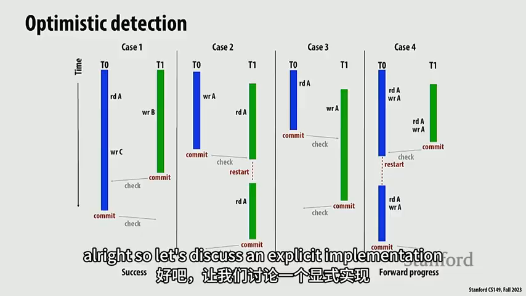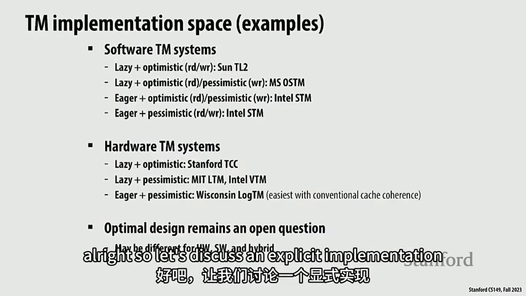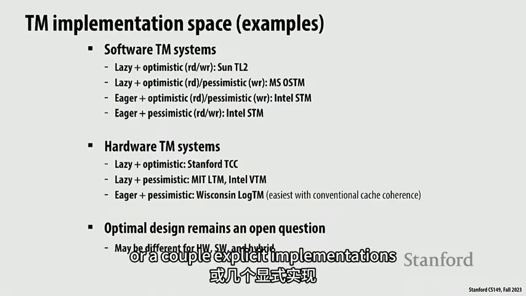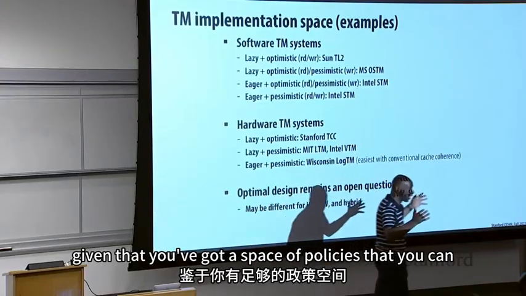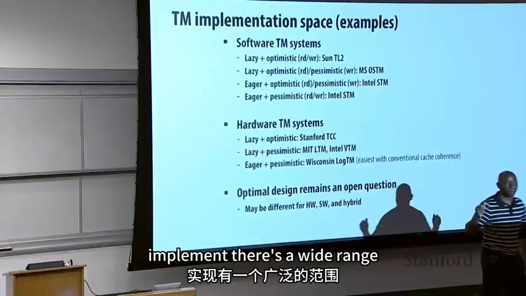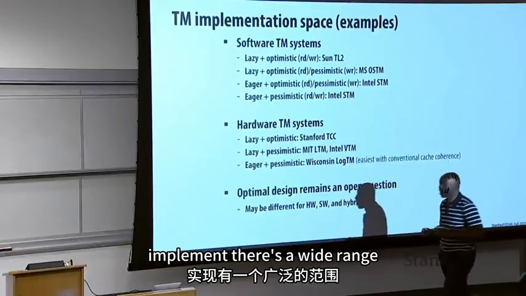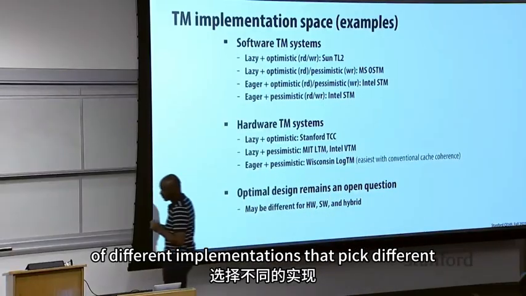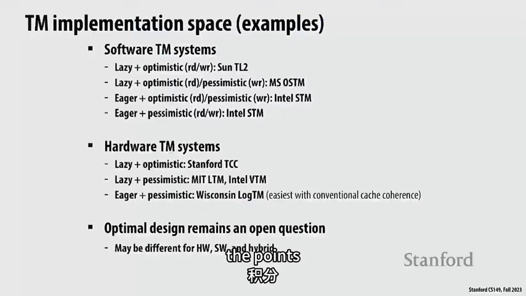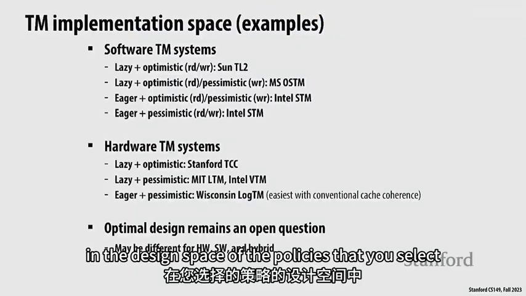All right, so let's discuss a couple of explicit implementations. As you can imagine, given that you've got a space of policies that you can implement, there's a wide range of different implementations that pick different points in the design space of the policies that you select, right?